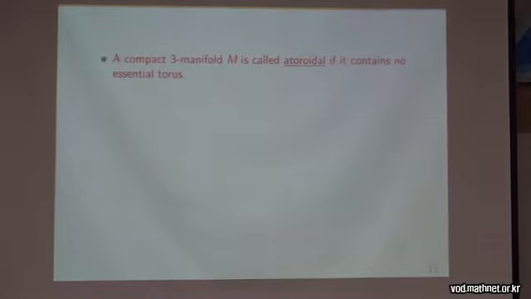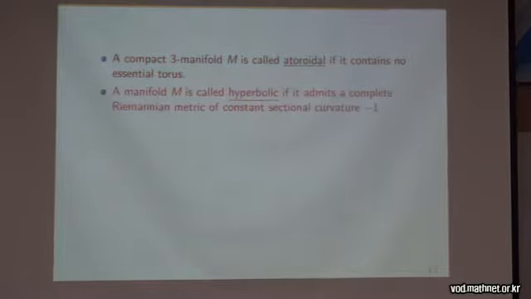Next we introduce the torus decomposition theorem. A compact 3-manifold is called atoroidal if it contains no essential tori. And a manifold is called hyperbolic if it admits a complete Riemannian metric of constant sectional curvature -1.